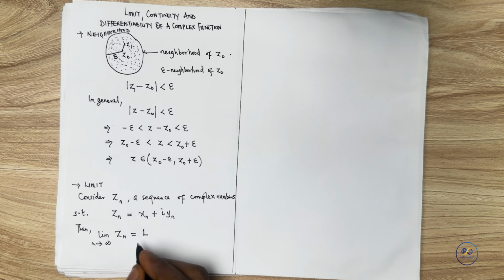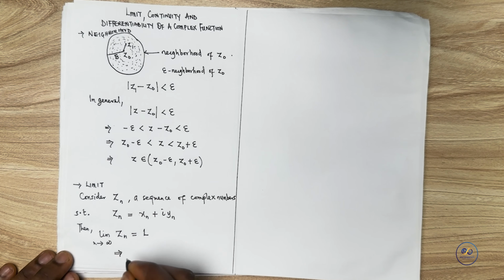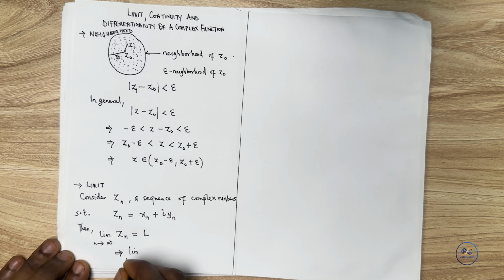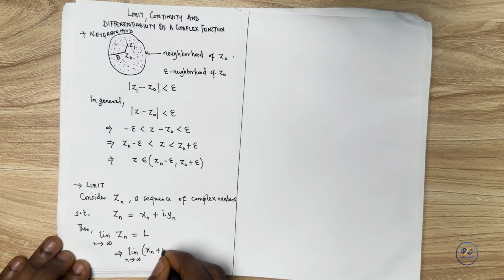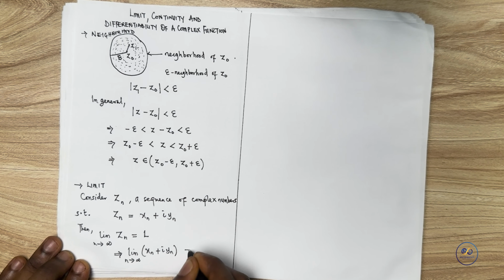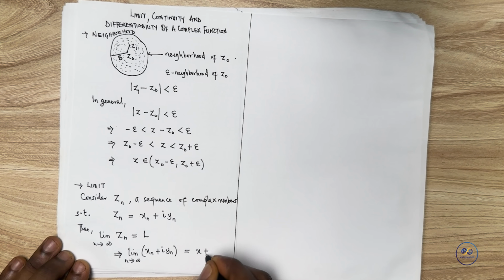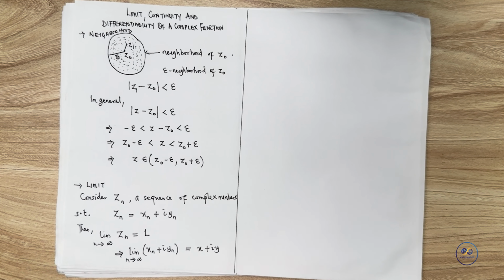Now, this is very, very important. In this case, we can also write it in terms of the real part of the sequence and the imaginary part of the sequence, and write it as the limit as n tends to infinity of xn plus i yn is x plus iy.